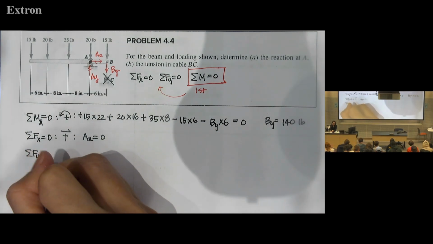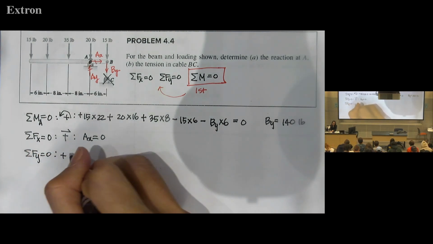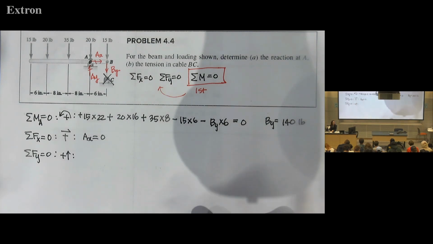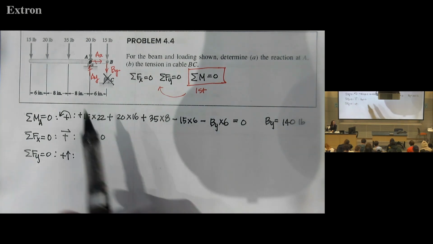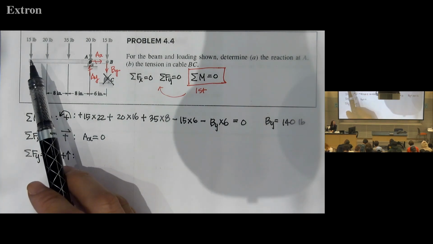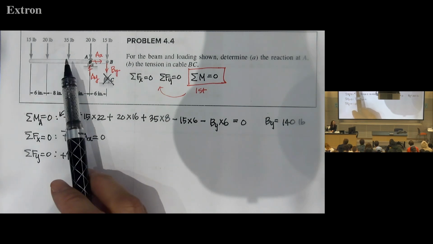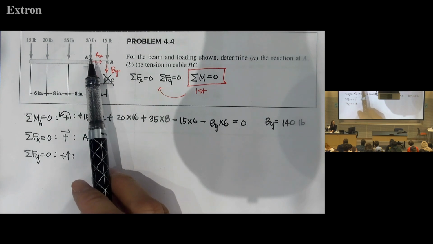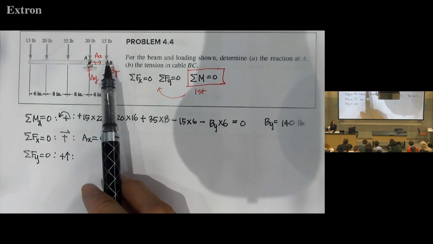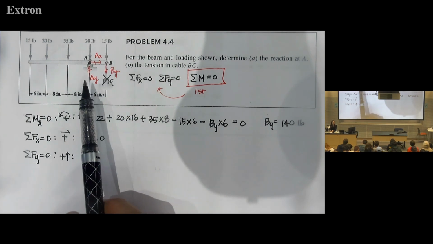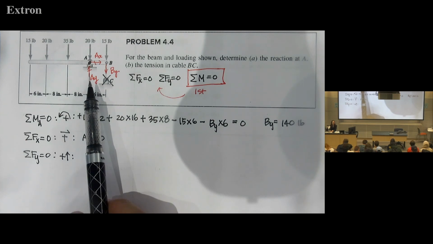And then Fy equation, if I may assume upward positive, then we have minus 15, minus 20, minus 35, minus 20, minus 15, minus By, plus Ay, right?